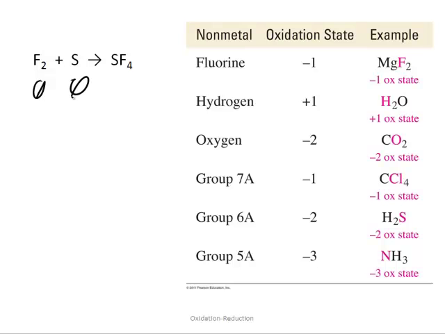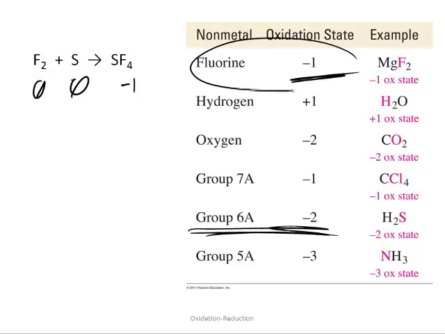So fluorine and sulfur are 0 on the reactant side. We're going to apply a -1 to fluorine first. Sulfur actually wouldn't get a -1 because it's way down here. Because fluorine is first, we apply that to the compound, and now sulfur takes on an oxidation state that can be determined by the fact that we've got 4 -1s, and this is going to equal 0. So what is the oxidation state on that sulfur atom?